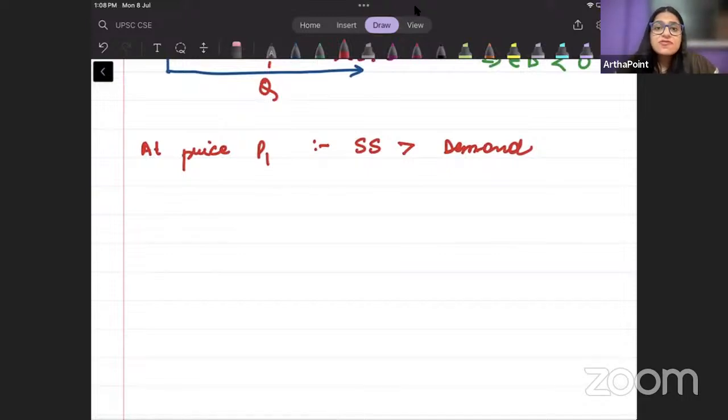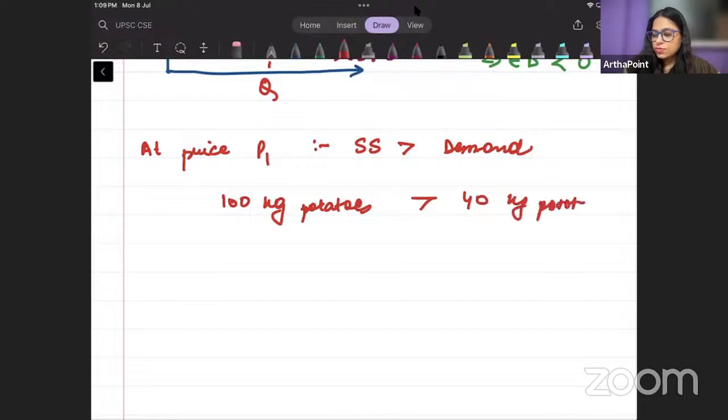You have excessive goods in the market, and people are not purchasing that good. Suppliers want to sell their commodity. I have 100 kgs of potatoes with me, people are only demanding 40 kgs, and I want to sell the remaining 60 kgs in the market.